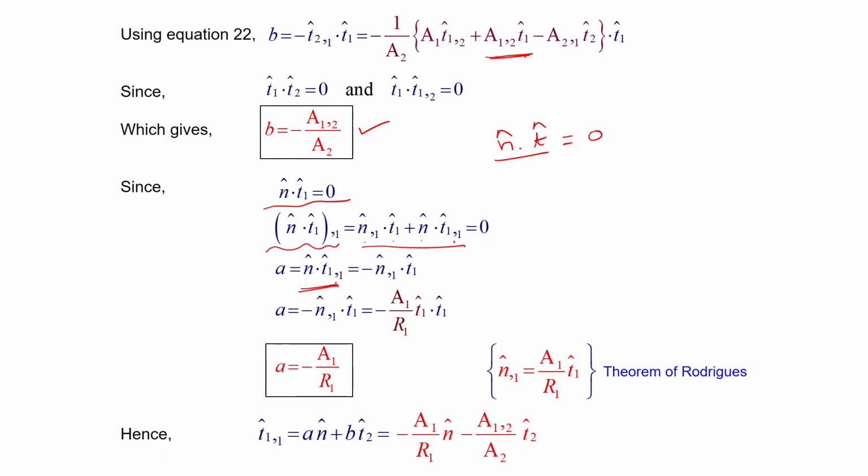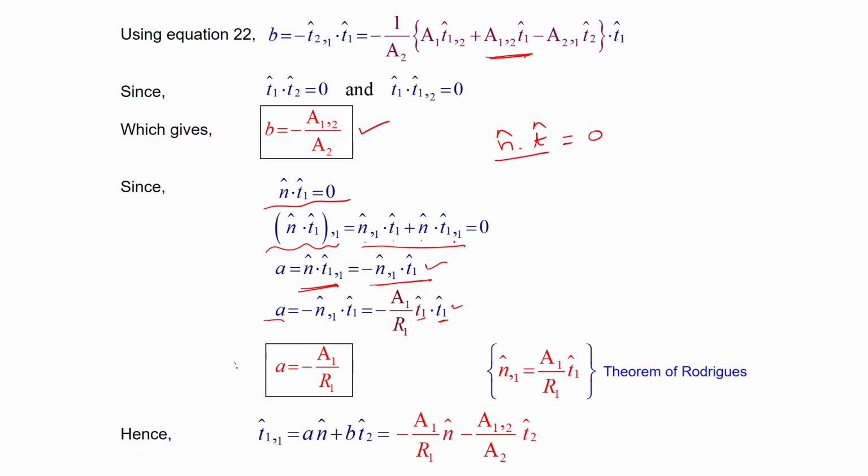N into T1 comma 1, substitute it as n comma 1 T1. N comma 1, from the theorem of Rodrigues, is A1 by R1 into T1 hat dot of T1. It gives you 1. So, A becomes minus A by R1.